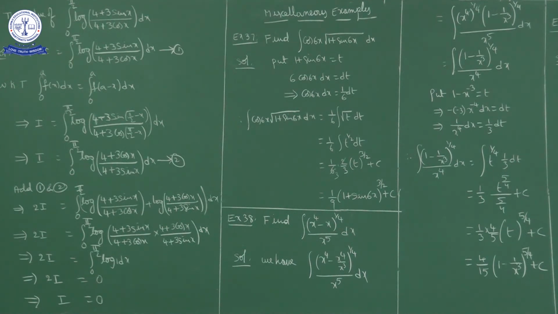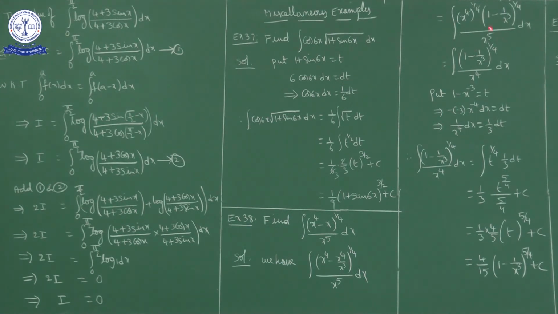In the numerator, (x power 4 minus x) whole power 1 by 4, I'll write like this: x power 4 minus x as x power 4 by x cube, whole power 1 by 4, upon x power 5. Now x power 4 common in numerator. So we get (x power 4) whole power 1 by 4 into (1 minus 1 by x cube) whole power 1 by 4 upon x power 5 dx.